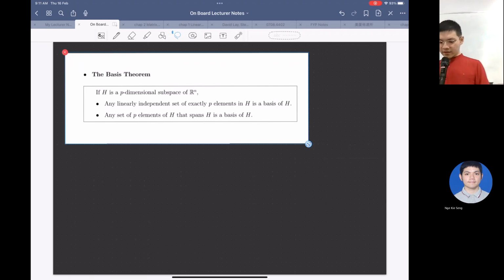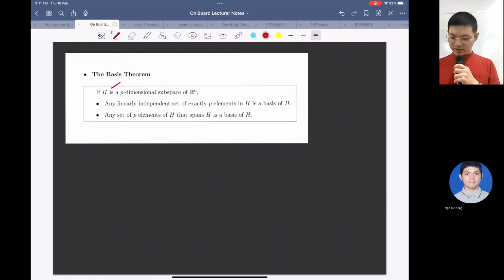The basis theorem states that if H is a p-dimensional subspace of Rn, what does this mean? This means that this subspace has a basis consisting of p vectors.